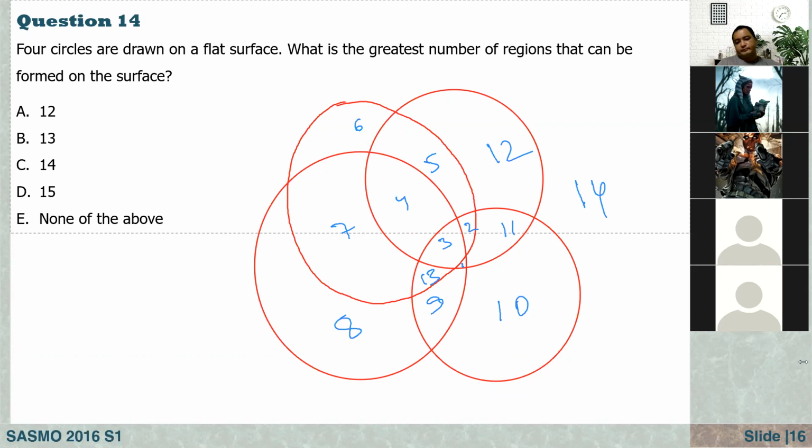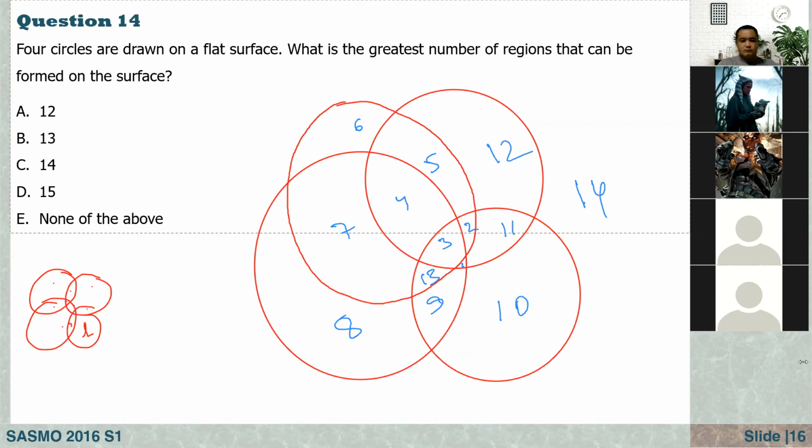But if we don't count like this, I mean, the outside is not counted. For example, if we draw like this, I will show right now. If we draw like this, we get 1, 2, 3, 4, 5, 6, 7, 8, 9, 10, 11. Wait, I'm a bit confused.